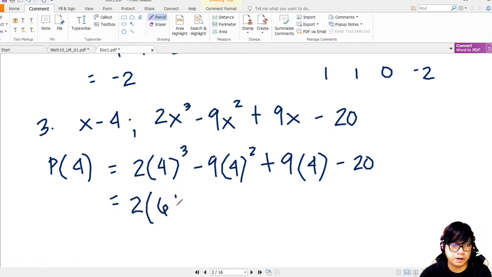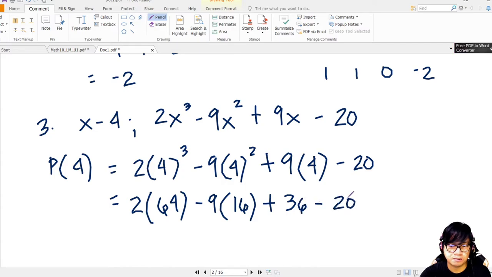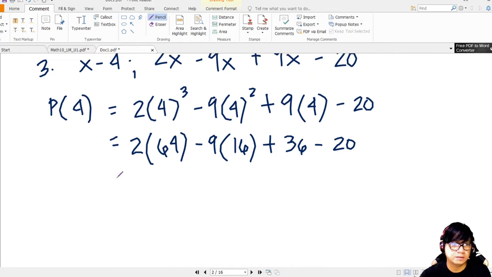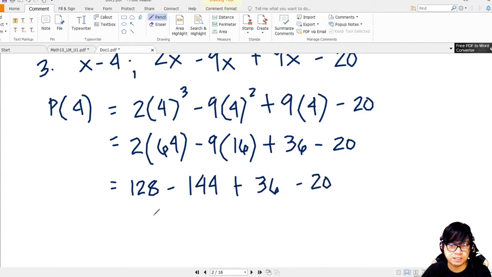So 2 times 64 is 128, minus 9 times 16, which is 144, plus 9 times 4, 36, minus 20. So 128 minus 144 plus 36 minus 20.